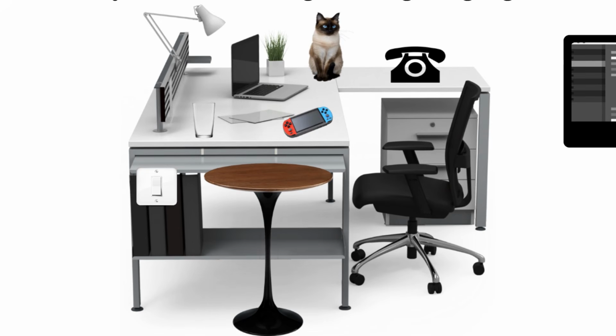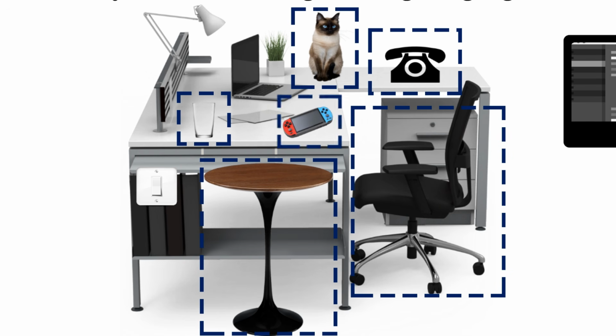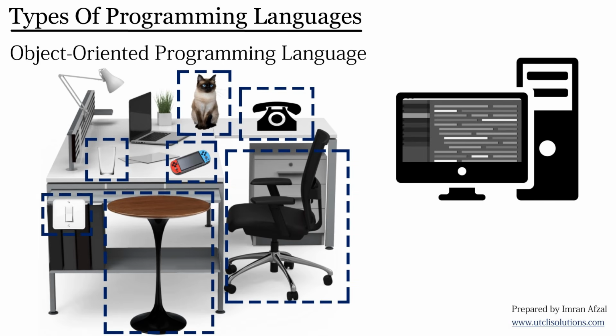For example, a table, a chair, a phone, a glass, or even a cat, a game player, or even a button. It describes what a thing is and what it can do. Examples of these languages are Java, C++, Python, C Sharp, Ruby, PHP, and so on. I will cover object-oriented programming in more detail in the next video.